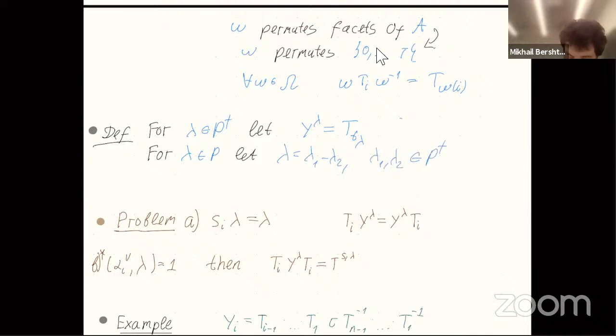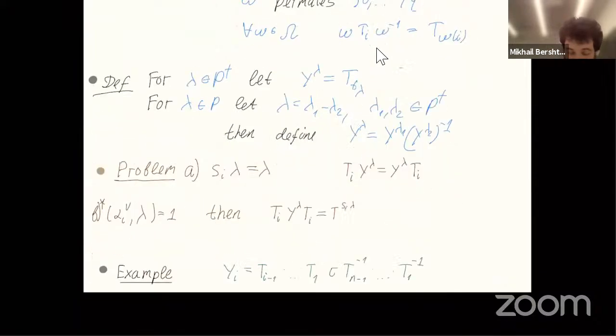Then we define Y lambda equal to Y lambda 1 minus Y lambda 2.